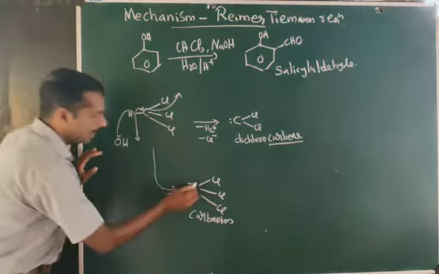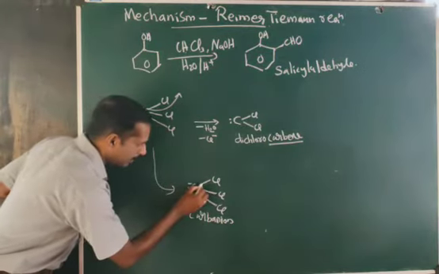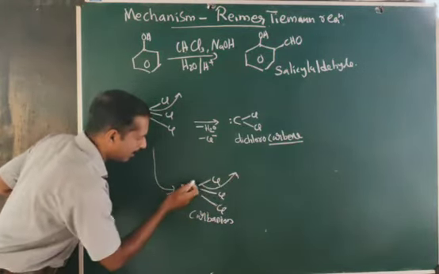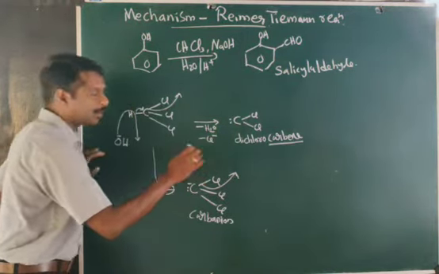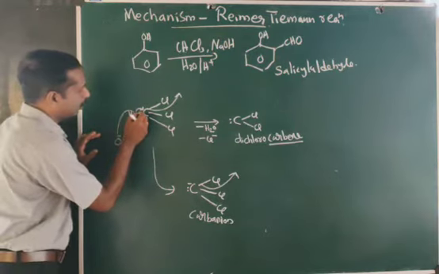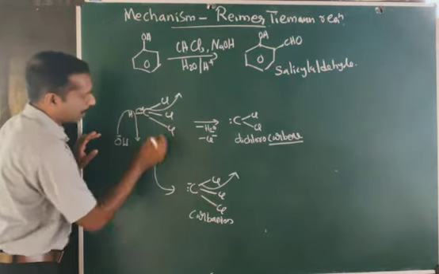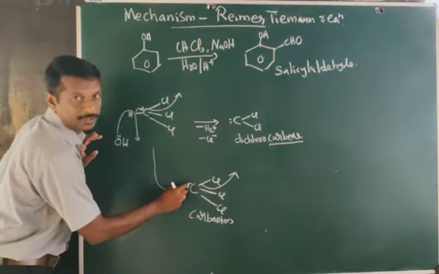Now look here. Suppose this chlorine is leaving. Then what will happen? The negative charge is gone. Because this pair of electrons is coming to carbon, the carbon was getting a negative charge.